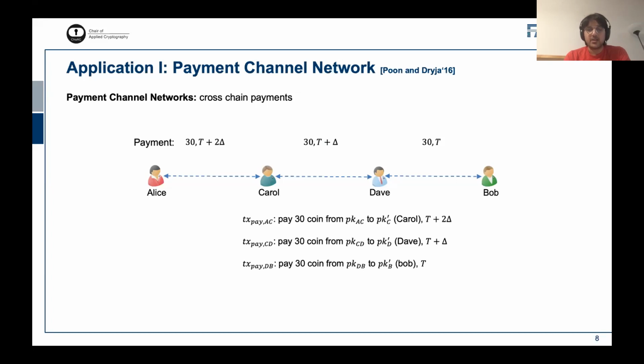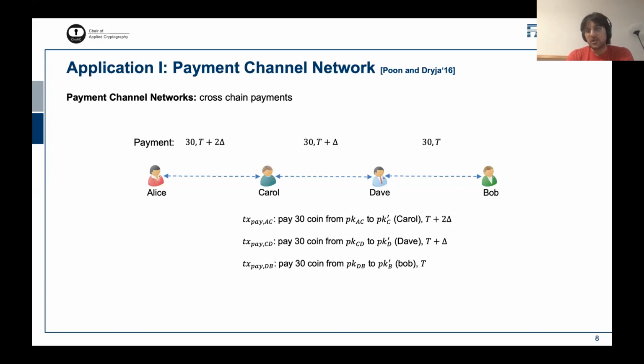I'll just tell you why the expiry times of these payments are set in this way. It is actually necessary because it shouldn't be possible for the payment from Carol to Dave to expire before the payment from Dave to Bob expires, because otherwise Dave would lose the money.